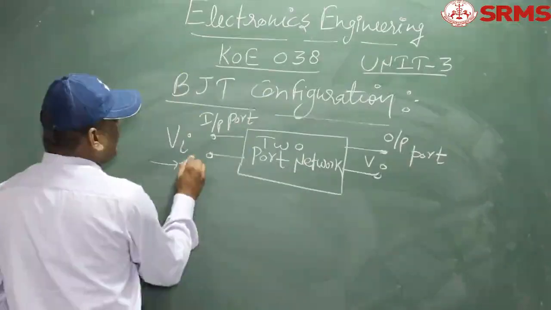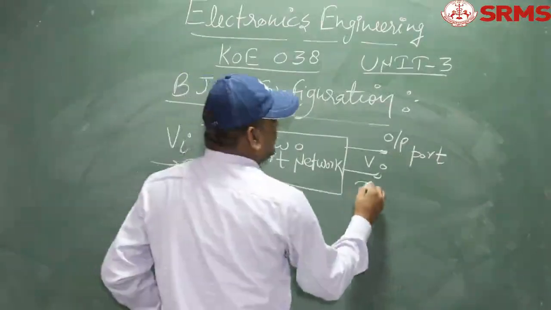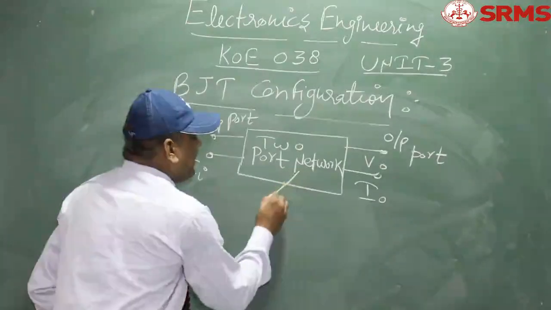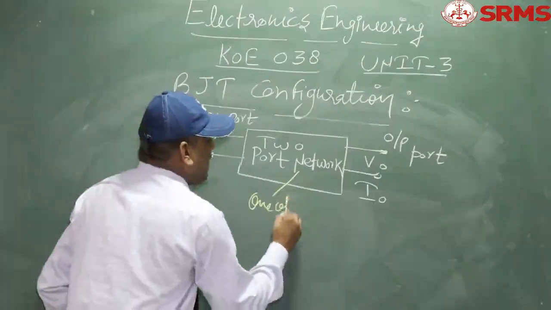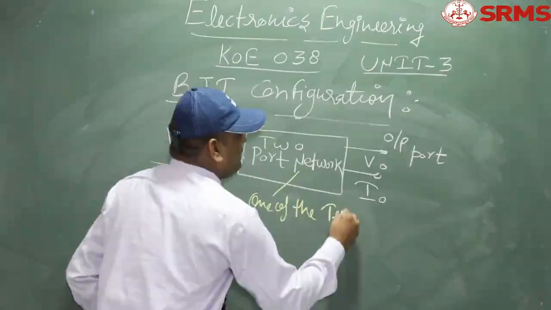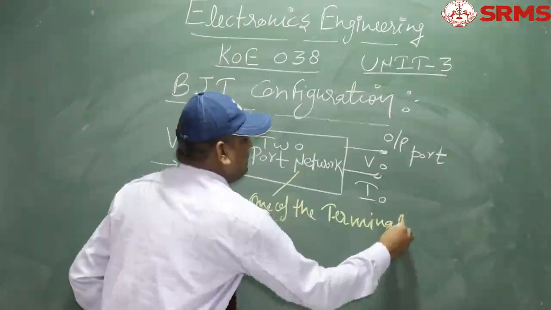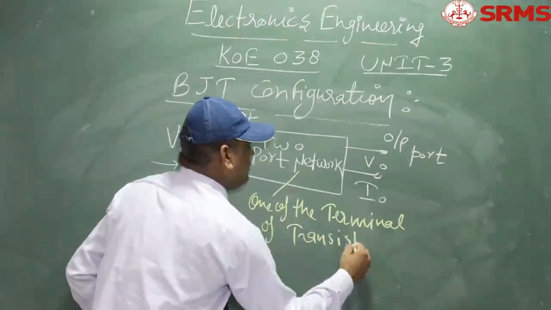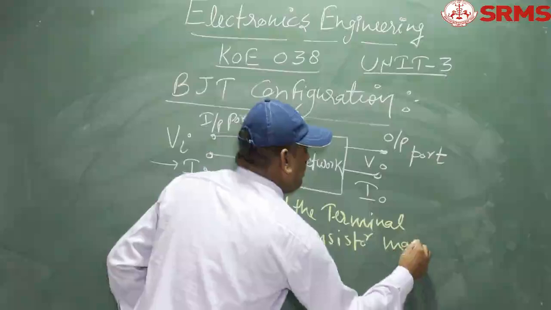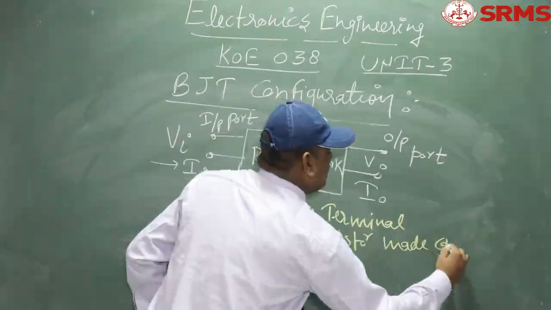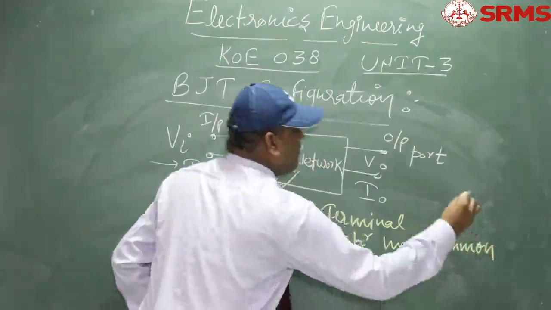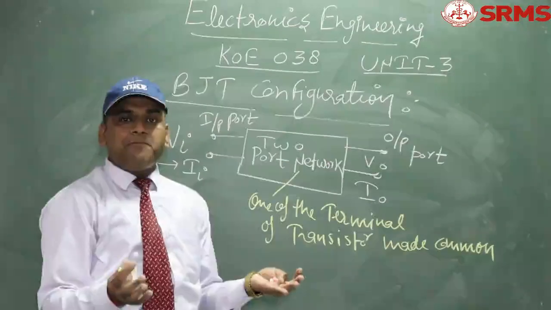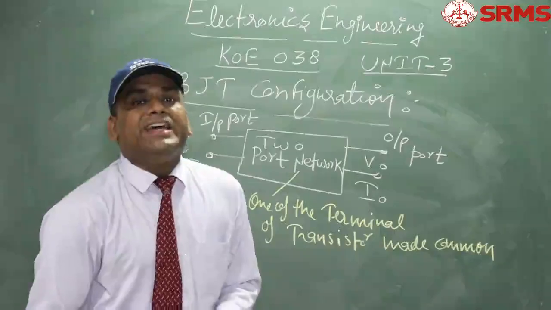And similarly, this is your input current and this is your output current if one of the terminal of transistor is made common. So if you make one terminal common, transistor can be utilized as 2-port network.